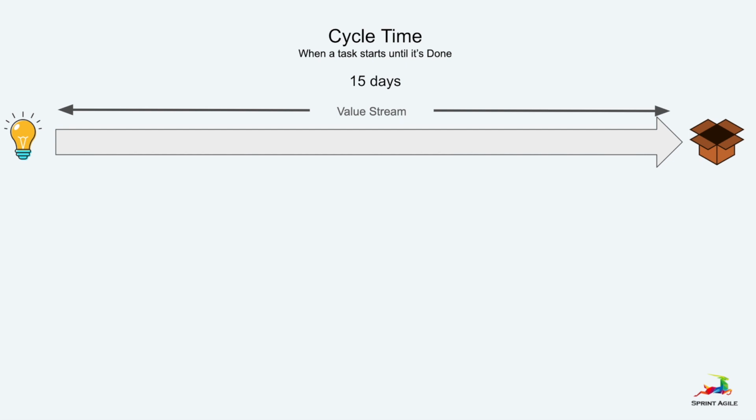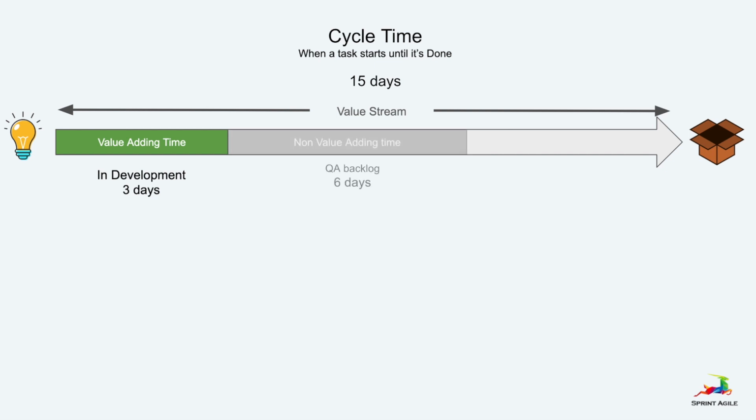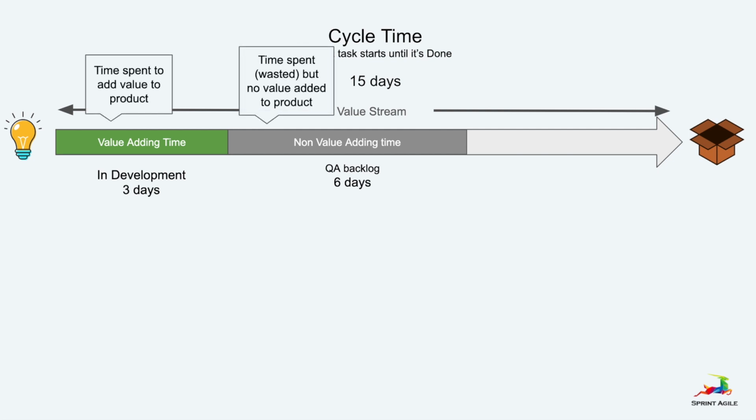To identify our value stream, the first thing we need to do is to build the product. When we build the product, we leave it in the QA backlog until someone comes and picks up this task and tests it. As you can notice, there are two types of time in our value stream: the time that we spend adding value to our product, and also the time spent waiting until something happens.